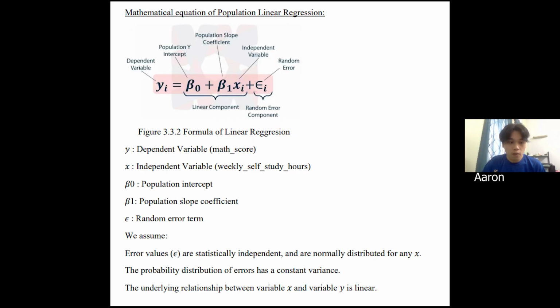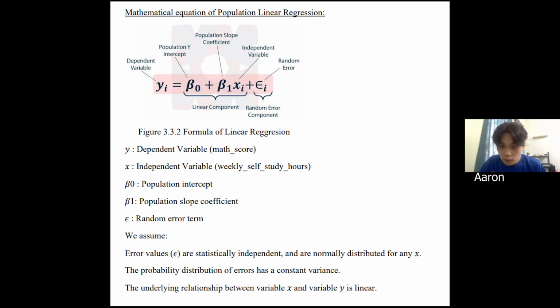Now, for this analysis, we use a simple linear regression model where in this formula, the dependent variable y is the math score and the independent variable x is the weekly self-study hours, with the population intercept, the population slope coefficient, and random error term.